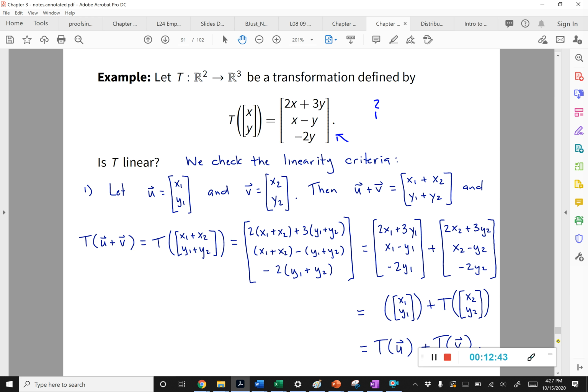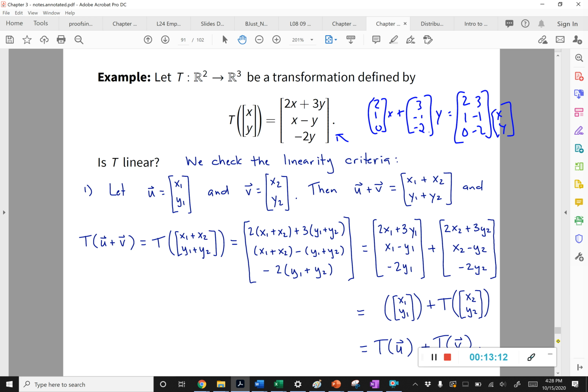That would be 2, 1, 0 times x plus 3, minus 1, minus 2 times y, and so that's just the matrix with columns 2, 1, 0 and 3, minus 1, minus 2, times (x, y).